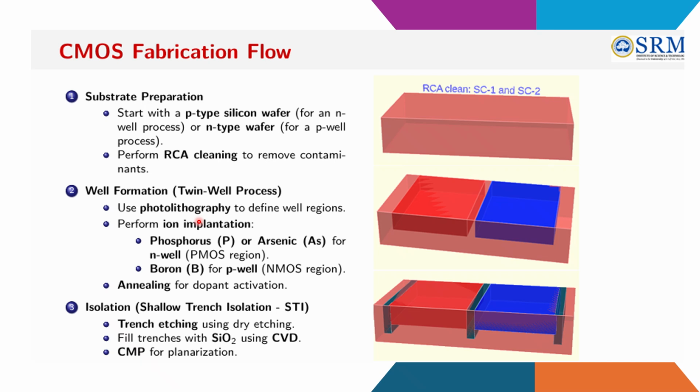We'll use photolithography to define the well regions. So how will we do this photolithography? In Unit 4, it has been extensively covered. Photolithography is nothing but using light as a source, meaning UV light, and a mask. The mask is used to design the particular pattern. Now who will create this pattern?